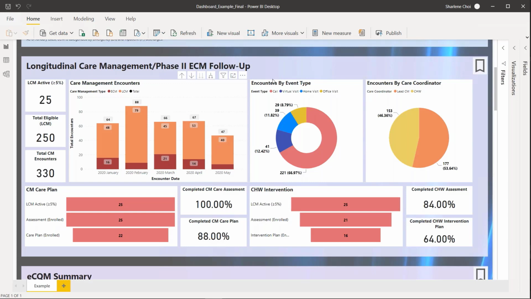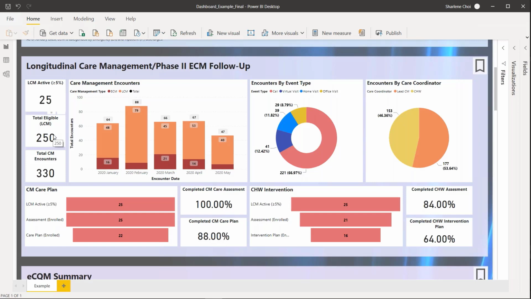The data source used for this segment includes EHR encounter data and encounter log data, or service log data. On the left-hand side here, we have a counter for the eligible longitudinal care management beneficiaries. In this example, we have 250 eligible LCM patients.